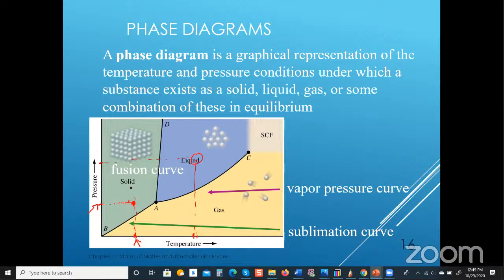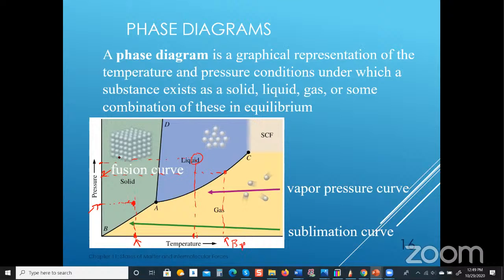Now, if you look at a point on this curve right here from A to C, that means the corresponding pressure would be here, and the corresponding temperature here would be the boiling point at that pressure, all right?